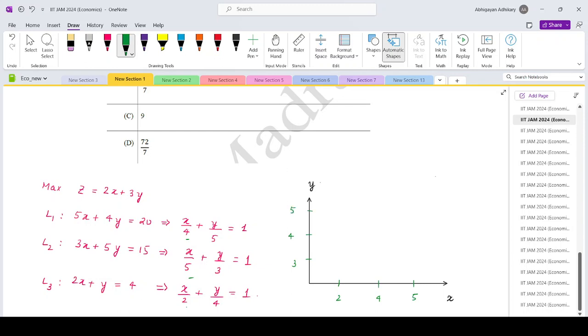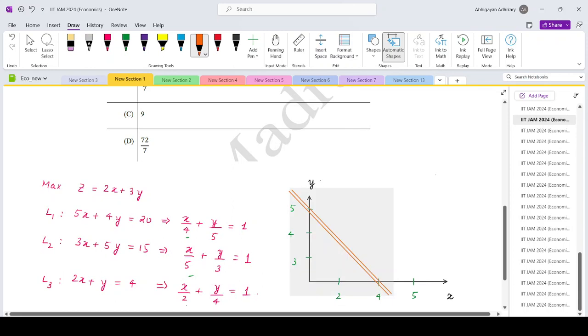Correct? So the first line will have an x-intercept of 4 and a y-intercept of 5. So this is your L1.